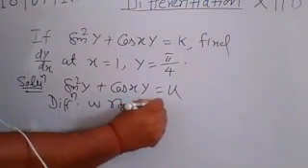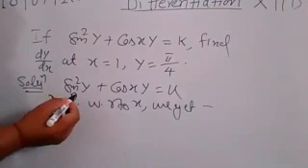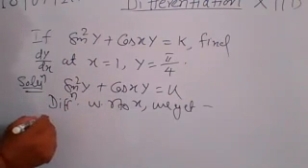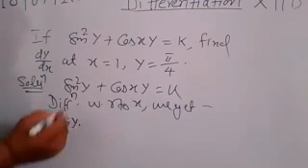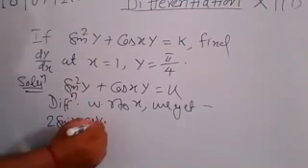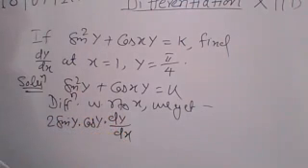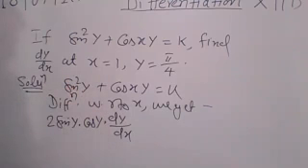First, treat sine square y as x to the power n. So you write 2 sine y, and the differentiation of sine y is cos y, and the differentiation of y is dy by dx. That gives the derivative of sine square y.